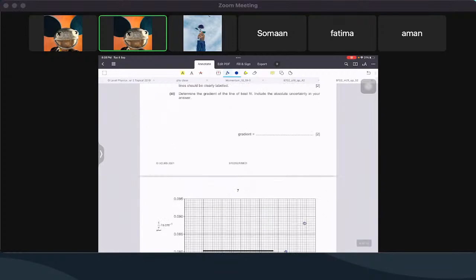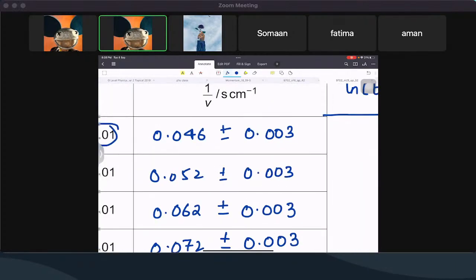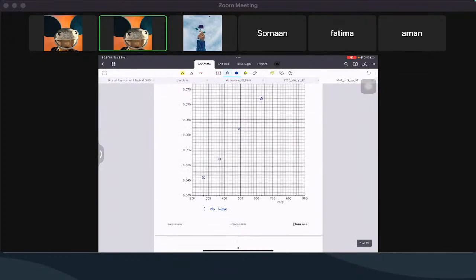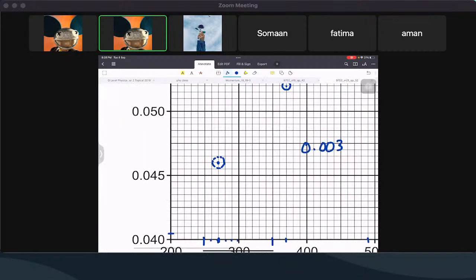So for the very first one, we have to make an error bar of 0.003. Okay, and plus minus means above and below. So let's check this out. 0.003 is what we need. We're gonna check how to basically make that. What is the value of just one box, right? To check that, you're gonna take out the calculator.